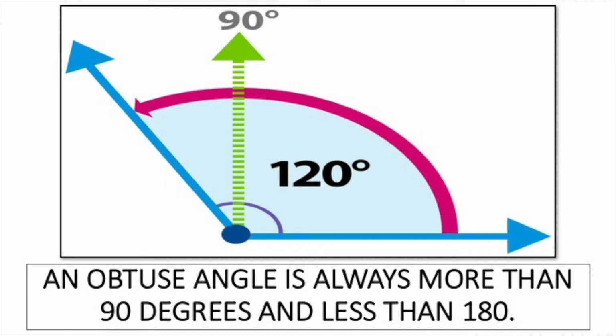Right angle. So anything more than 90 degrees, you see here, 120 degrees, obtuse angle. Okay? As long as it's between 91 and 179 degrees, it's an obtuse angle.